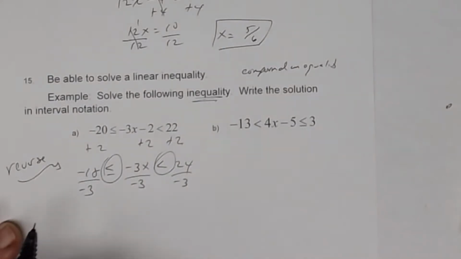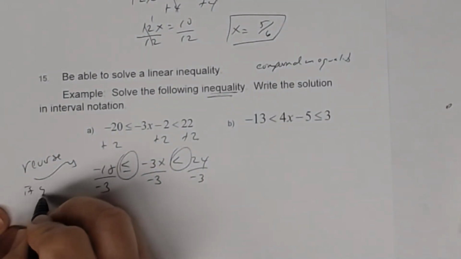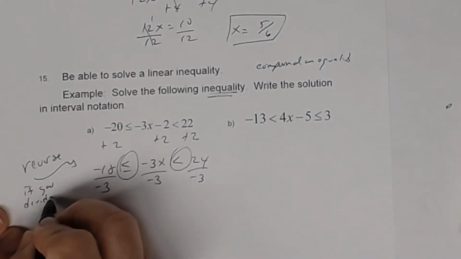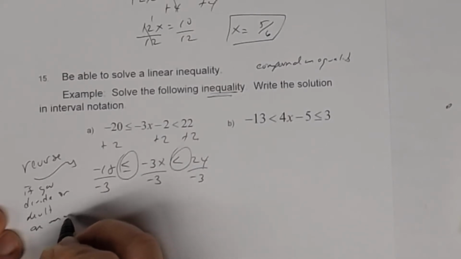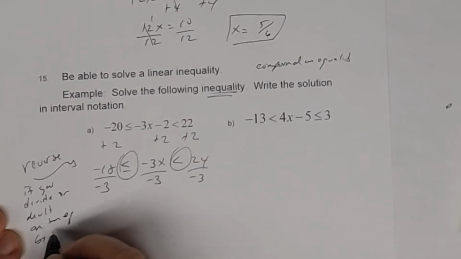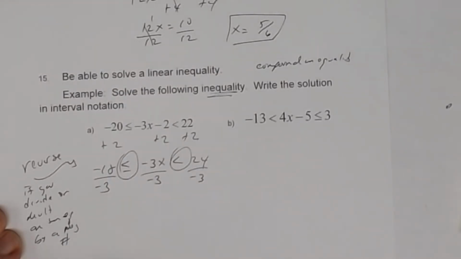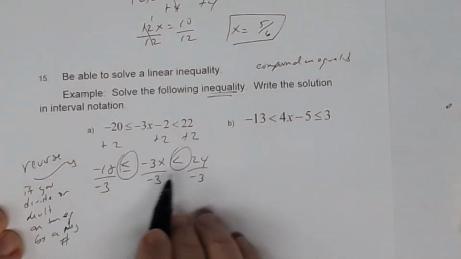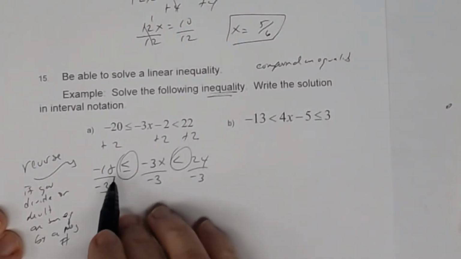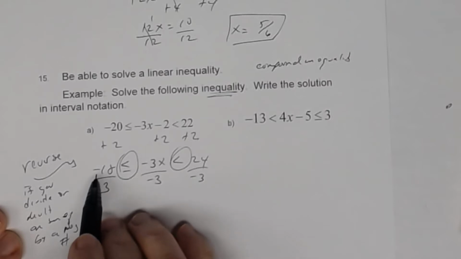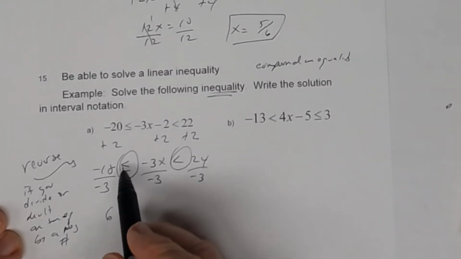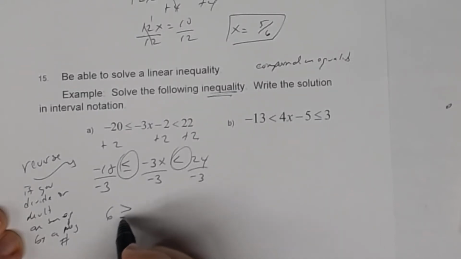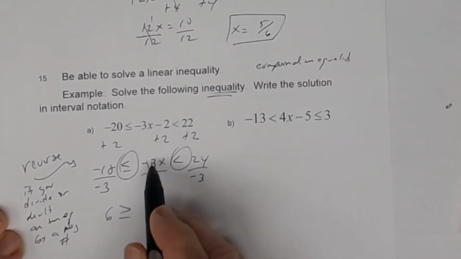Only reverse if you divide or multiply an inequality by a negative number. So since I'm dividing all parts by a negative number, I have to reverse this. So here's how you read this. Negative 18 divided by negative 3 is a positive 6. Instead of saying less than or equal to, you're going to say greater than or equal to.